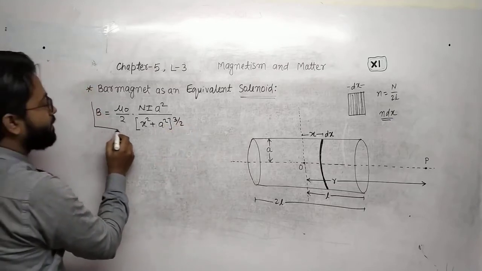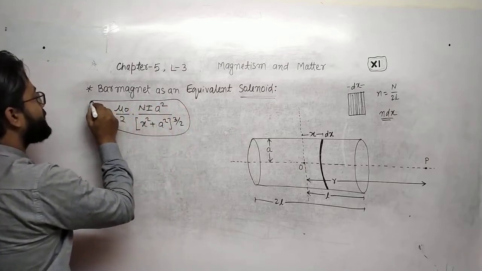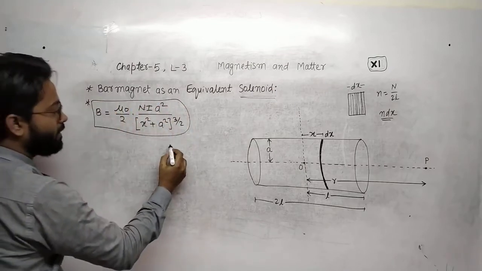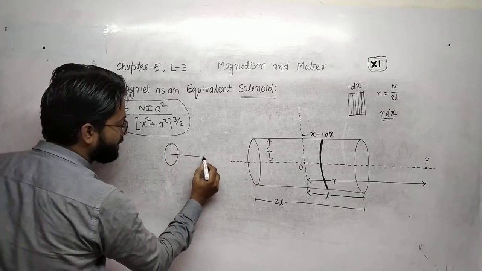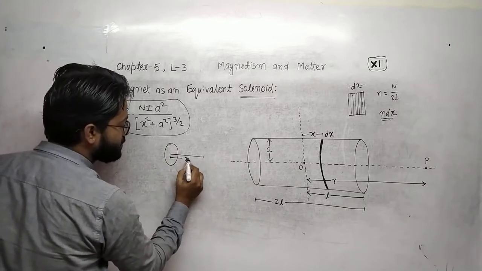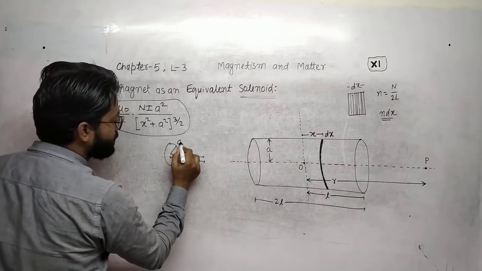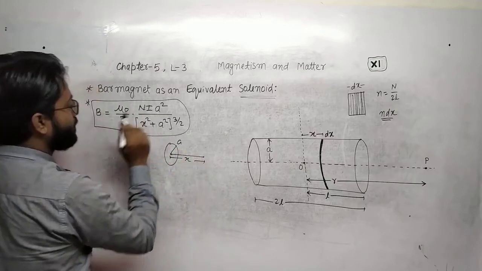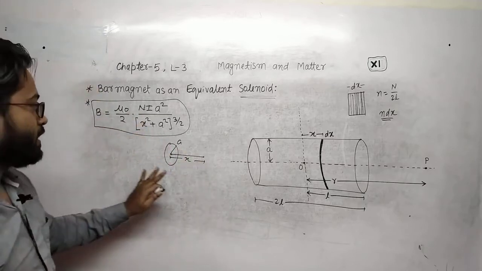This is the magnetic field on the axis of a coil. If this is a coil, the distance is x and the radius is A, then this formula is used.